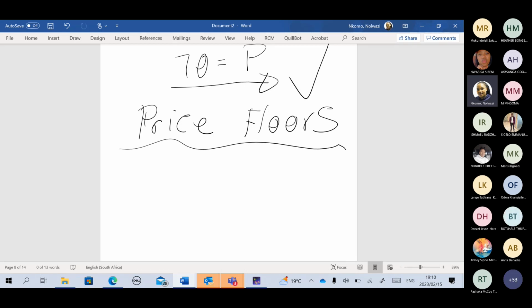When the government believes that the equilibrium price is too low for producers to receive, then it introduces a minimum price, and that minimum price is called the price floor.